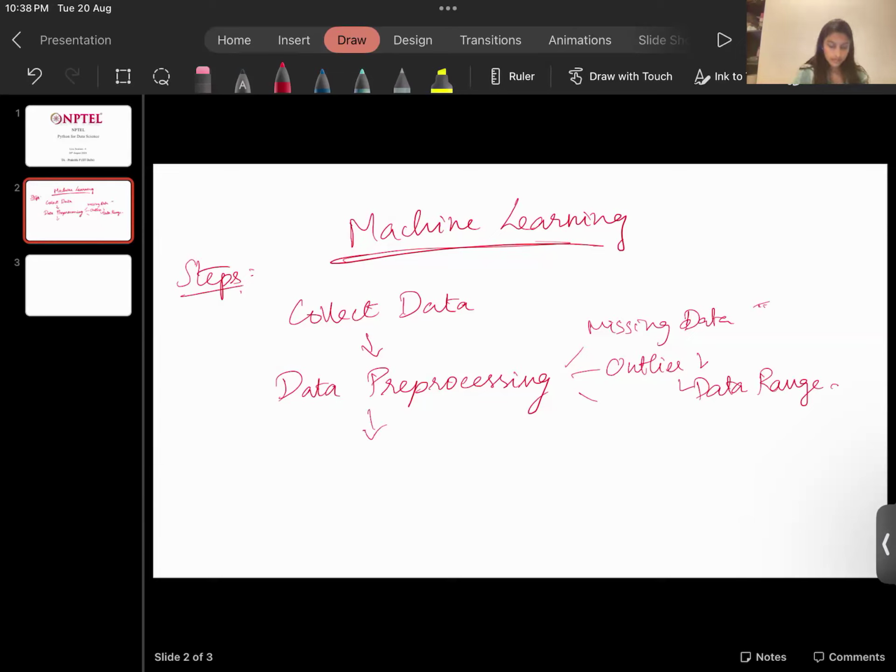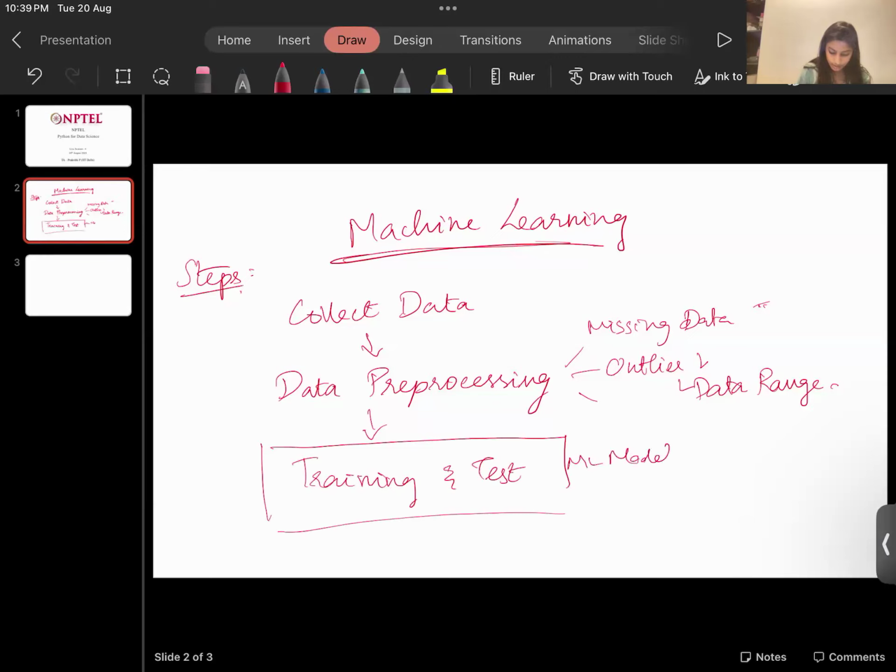And what we do next is we split the data into training data and test data set. This is used to build the machine learning model, the ML model, and the model performance is evaluated. But yeah, we'll go to that. So basically what we mean by this is we already have a data set.